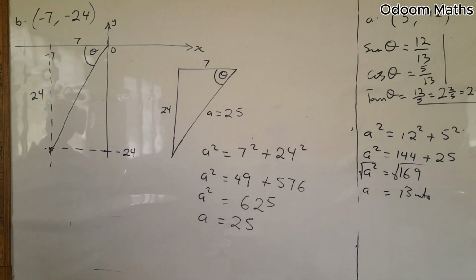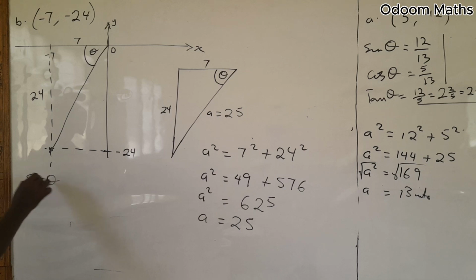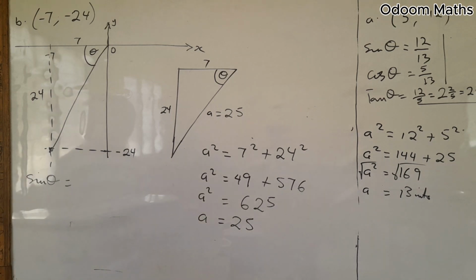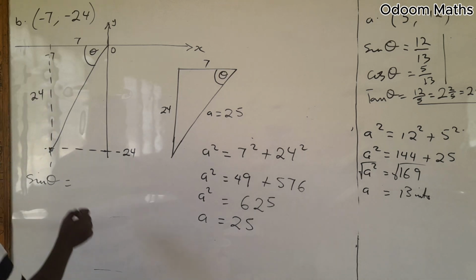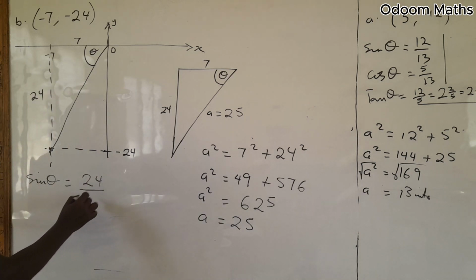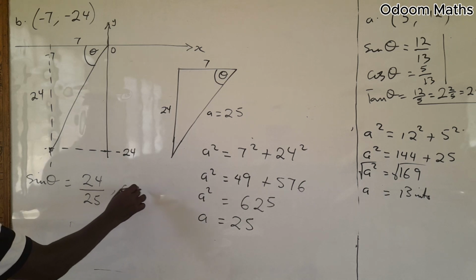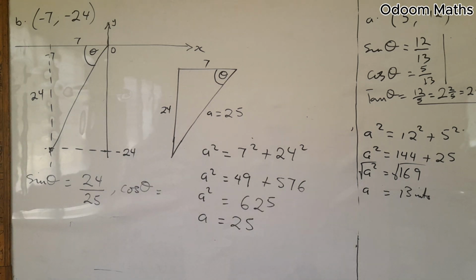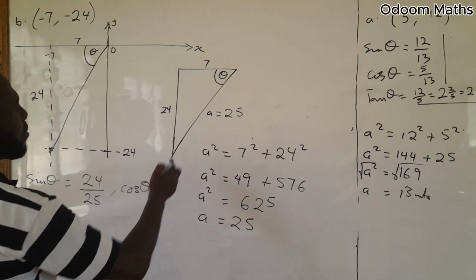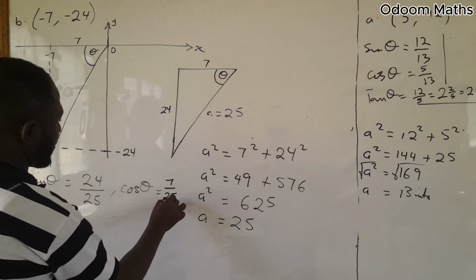Now, since we know this side, we can say that sine theta is, this is theta, opposite over hypotenuse. That is 24 over 25. Then cos theta, cos is adjacent over hypotenuse, 7 over 25.